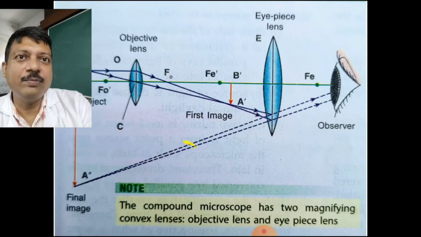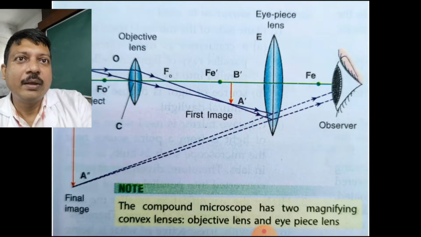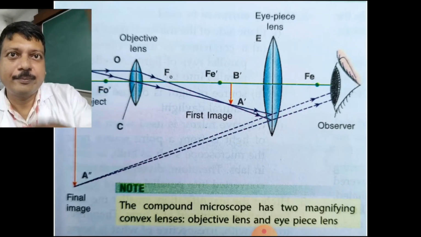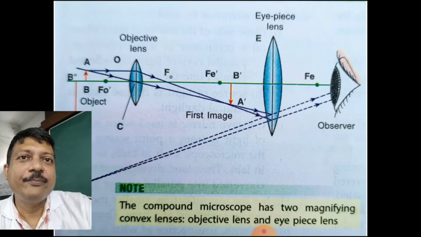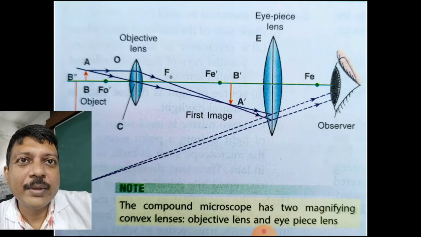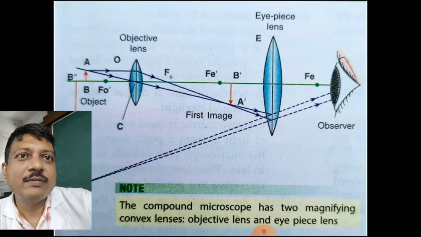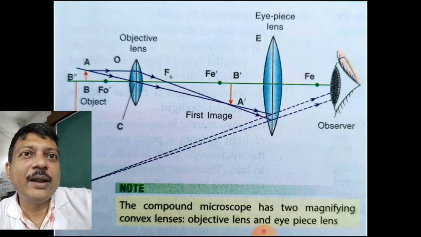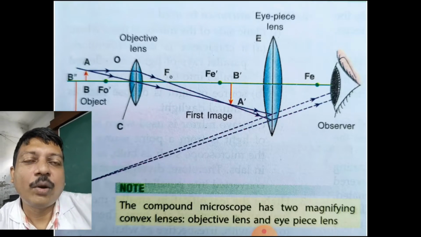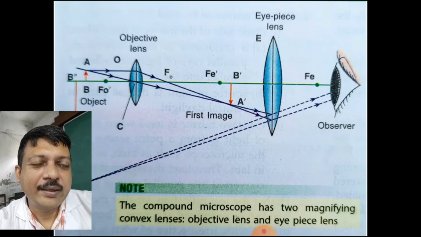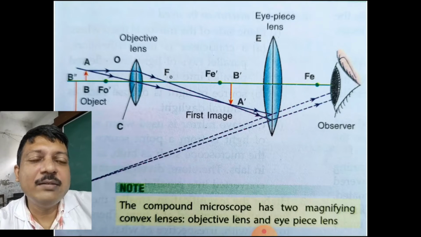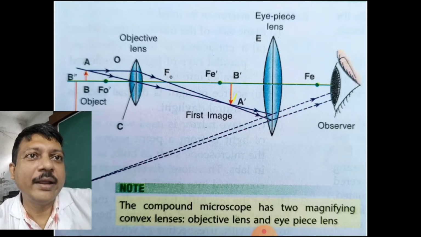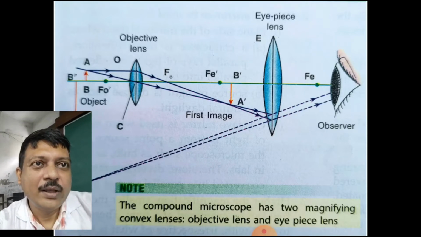Now, this picture is showing that the object is AB, which is enlarged several times by the objective lens, and the inverted image is B'A'.